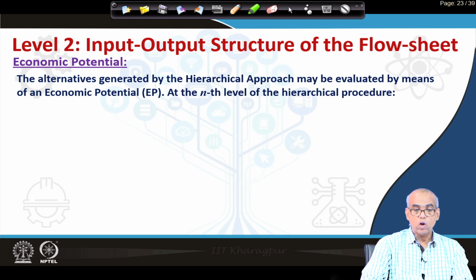Now, economic potential. The alternatives generated by the hierarchical approach may be evaluated by means of an economic potential EP.